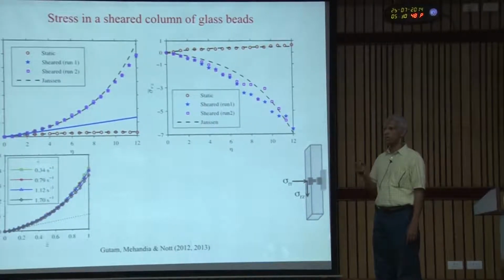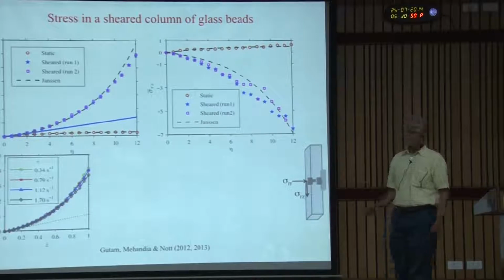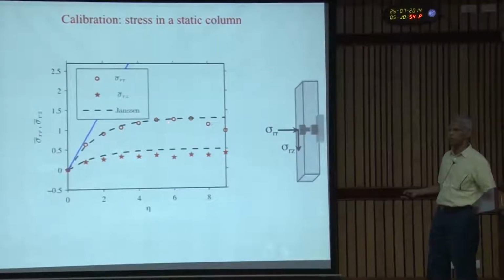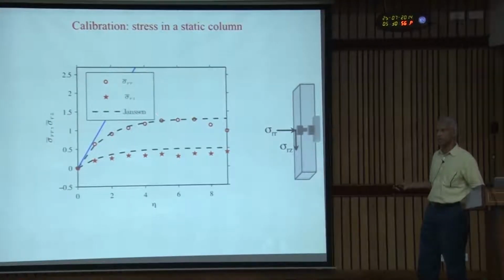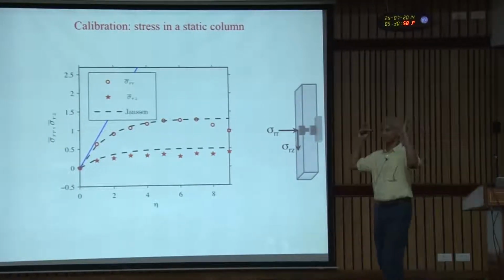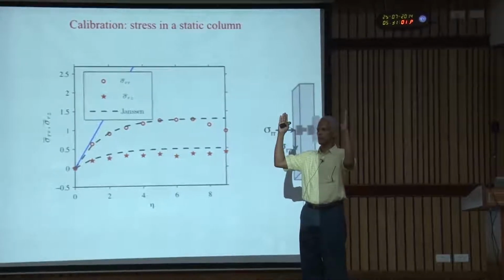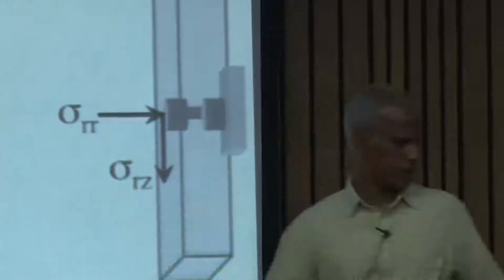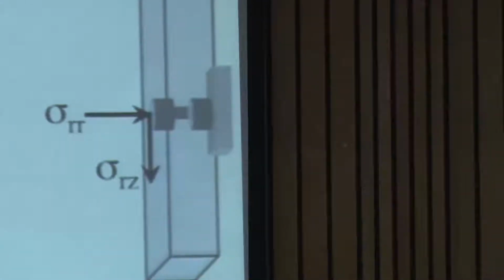And so, for very short time, it doesn't resemble this, but the stresses are of this sign. So, in other words, for very short time, the walls are holding up the column, but after a strain of about 50, the shear stress switches.